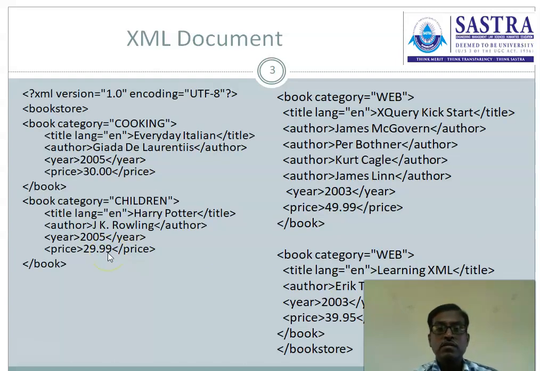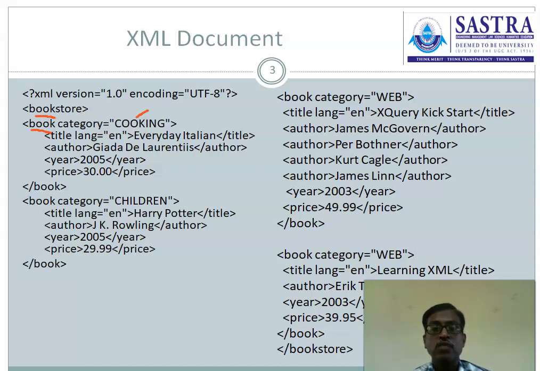And then this particular XML we are going to refer to throughout the session. XML version 1.0, encoding UTF-8, and then bookstore. In the bookstore, we can have a lot of books. And then category equal to. This is also very important because we are going to apply filtering conditions based on category.